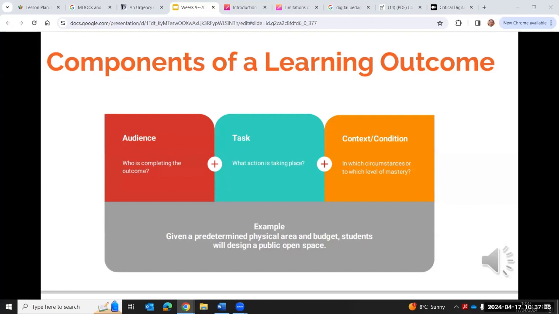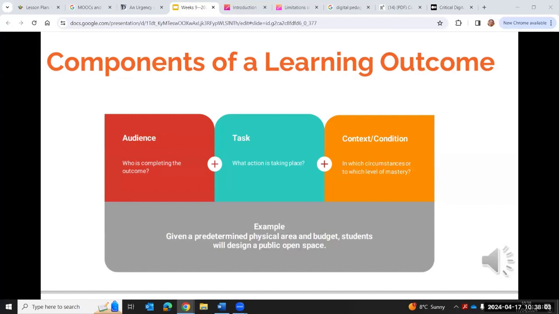That's a no-brainer. Who's going to do the task? Students. So it would say something like, students will be able to do this or that. You always start with the sentence 'students', and the rest you complement with what you want them to achieve.